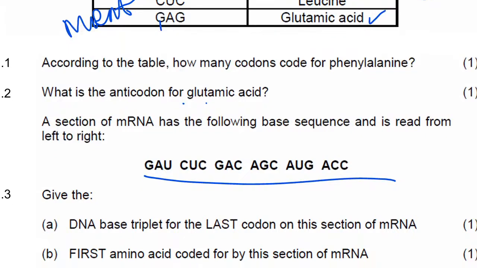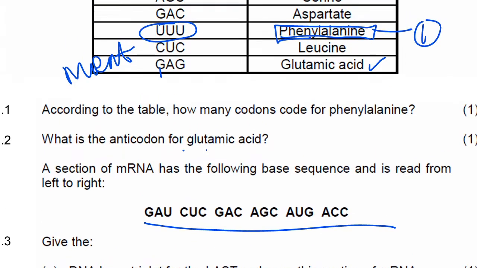Alright, what are they saying? The DNA triplet for the last codon on this messenger RNA. Yes, the last triplet. They are saying triplet for the last codon. Because this structure is a messenger RNA, also indicated by U, they want a triplet for DNA.